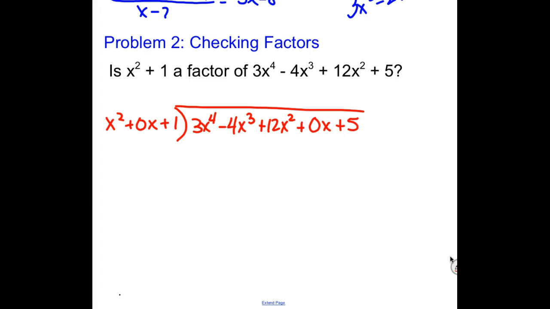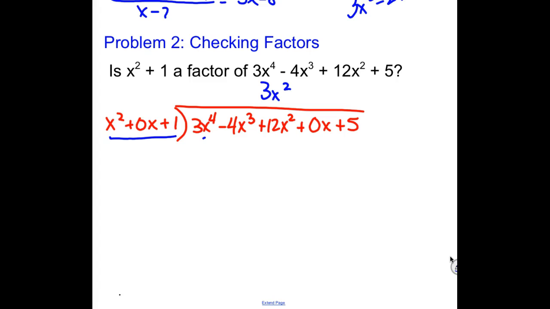Okay. Going through our process. We have x squared being divided out of a 3x to the 4th. What do I have left if I divide out an x squared? Okay. 3x squared now is going to get multiplied to all three of these pieces, to this whole trinomial.